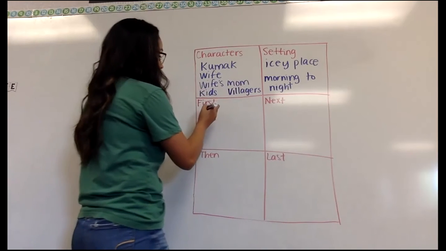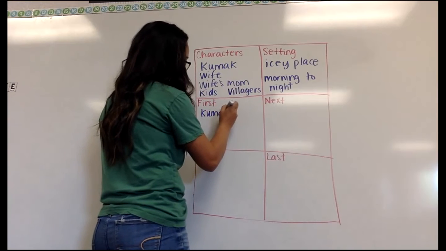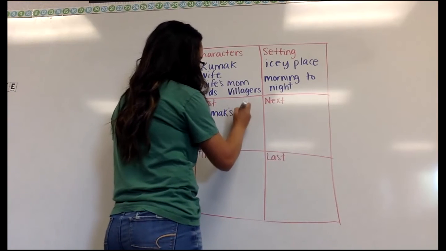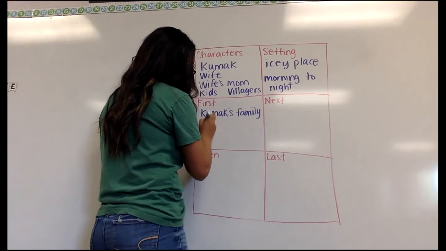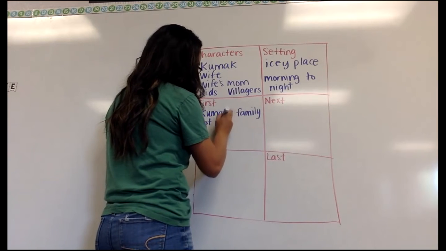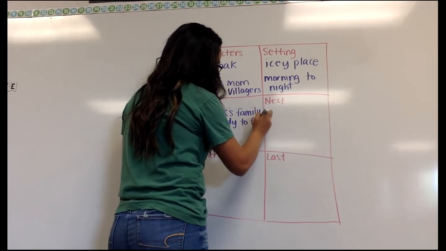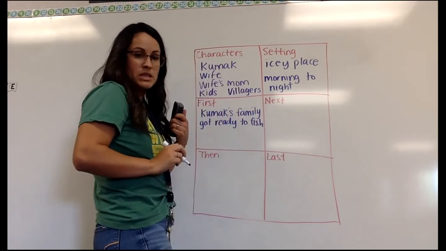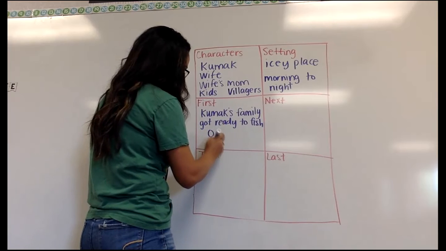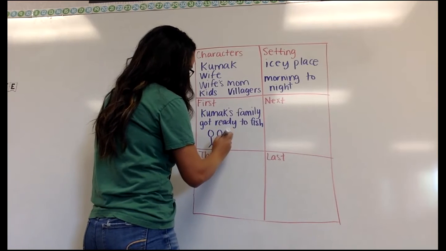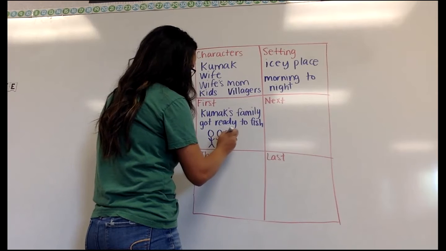So we have Kumak's family got ready to fish. Okay, and then maybe you have, I'm just gonna do a quick picture. Those are the 3 adults.